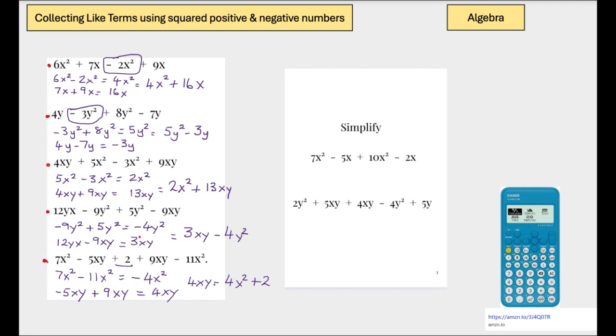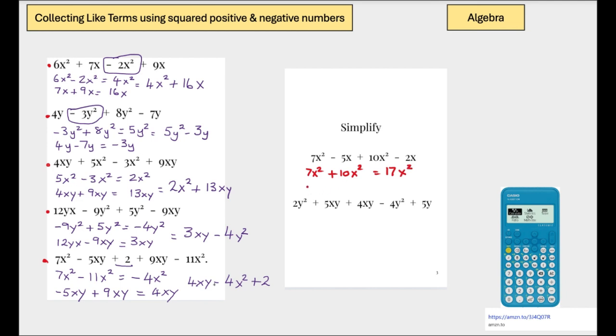Okay, so simplify. So let's collect our like terms. We have a 7x squared plus 10x squared which equals 17x squared.